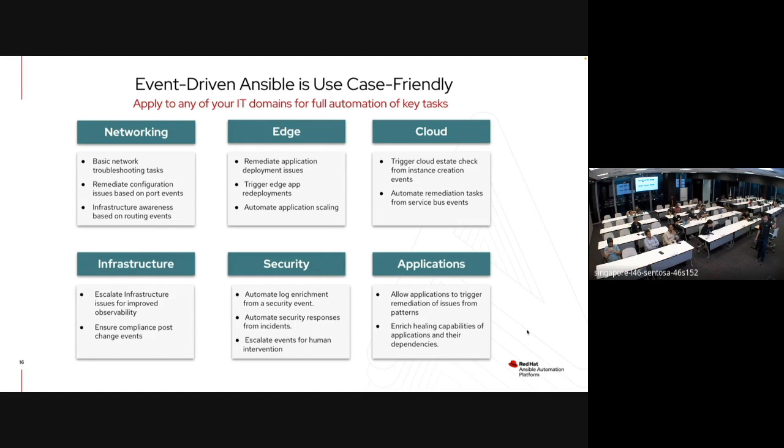Edge, right? We are able to remediate, for instance. Security-wise, we are able to automate the collection of logs or turn on the debug traces, and to escalate events for human intervention. Cloud-wise, very simple things like triggering the cloud asset to check for instance creation events. So those are things that can be done.